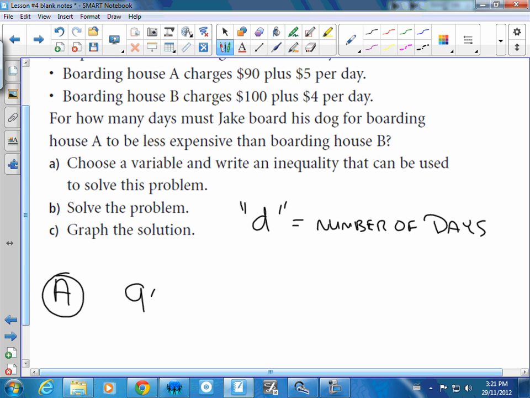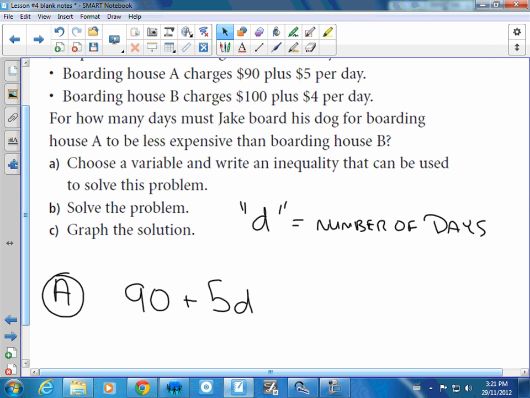And then what are you going to add to that? $5 per day, how do you write that? 5D. Right, because we want to use the same variable, D for days. So for instance, 0 days, $90. 1 day, $95. 2 days, $100. 3 days, $105. Right? We can just keep doing that.